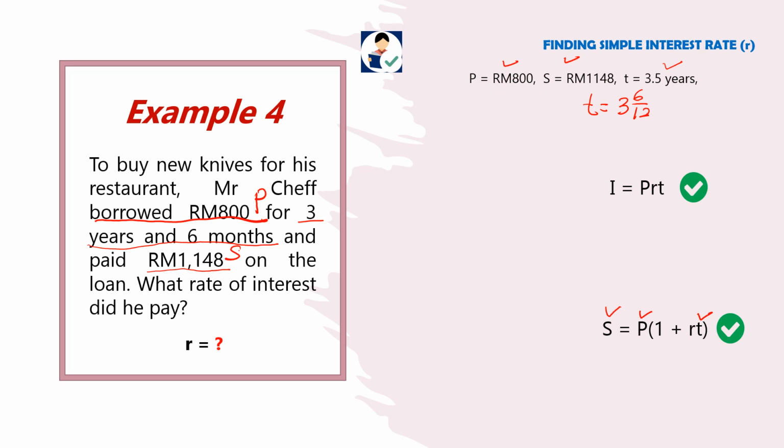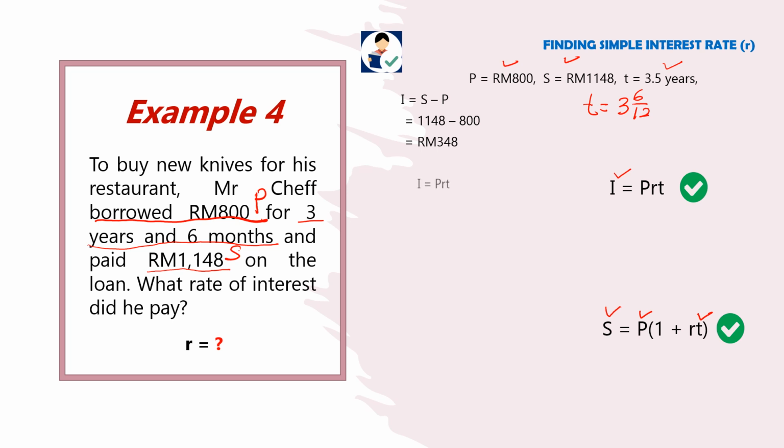What about the formula I is equal to PRT? We can find I first by using formula I equal to S minus P. So substitute S 1,148 minus P 800. So the interest is 348.